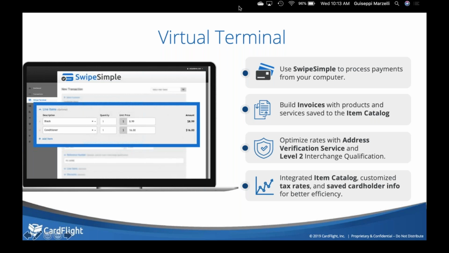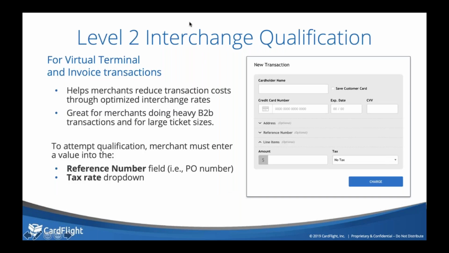So if I want to add items on my computer, because I obviously don't want to do that on the device, it's too small, my fingers are too stubby for it, you have the ability to do that all on your computer, manage your business, again, from home, which is super helpful. And then level 2 interchange qualification, which is, depending on what you're selling and who you're selling for, again, compatible with most of the major processors, First Data, Global, TSYS, WorldPay, Vantiv, so you have the ability to sell this through all those acquirers.